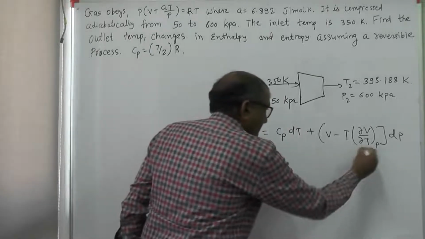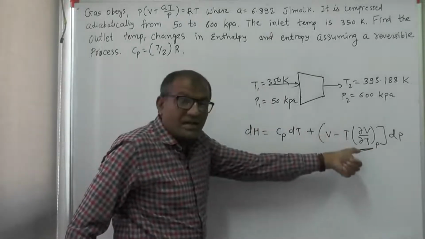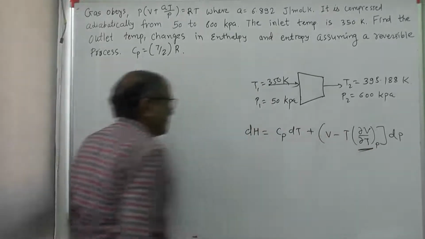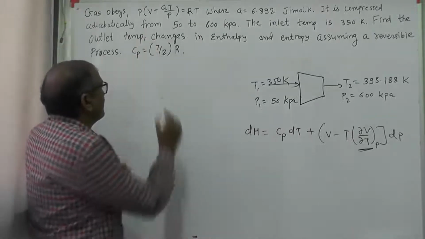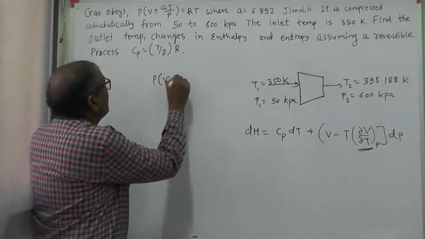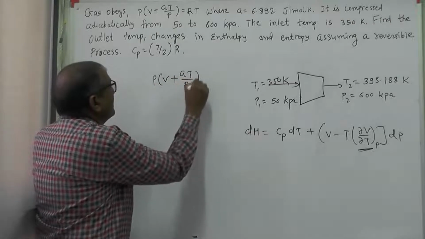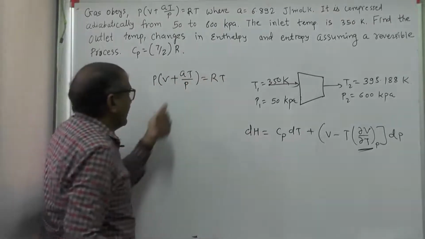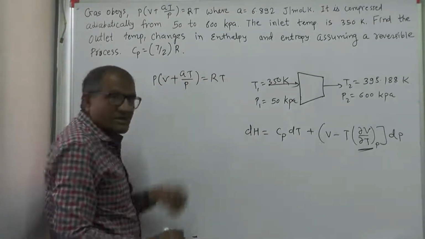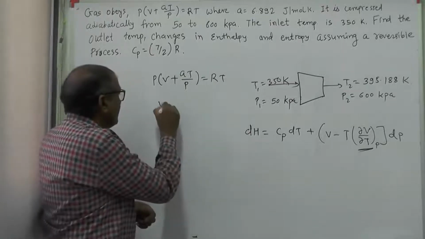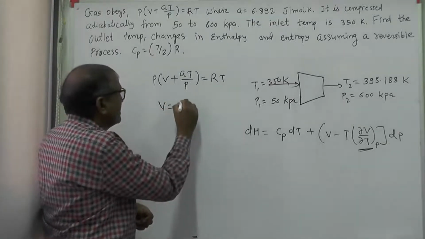Before that, let me first derive del V over del T at constant P, and here the equation of state is PV plus AT over P equal to RT, and I am writing this equation in terms of V as a function of pressure and temperature.